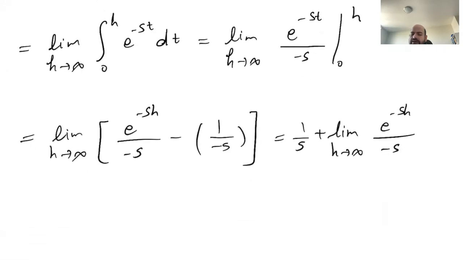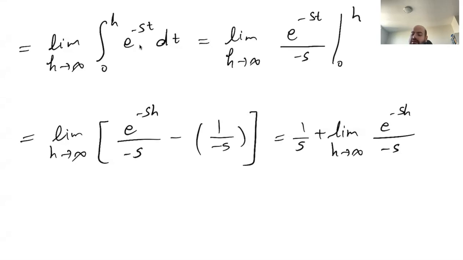Now, how much will this limit be? This limit depends on the value of s. If s is 0, you can see from the original expression, you will have integral 0 to infinity of 1, which is divergent.